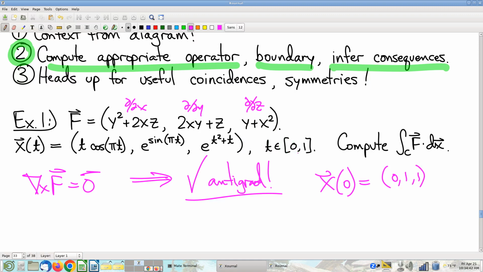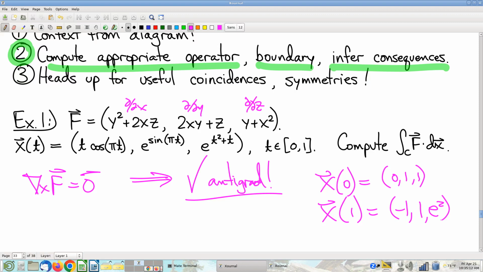Now I'm going to plug in 1 and see what we get. x of 1 is -1, comma, 1, comma, e squared. By the way, don't trust my arithmetic, please. I'm prone to arithmetic mistakes here.